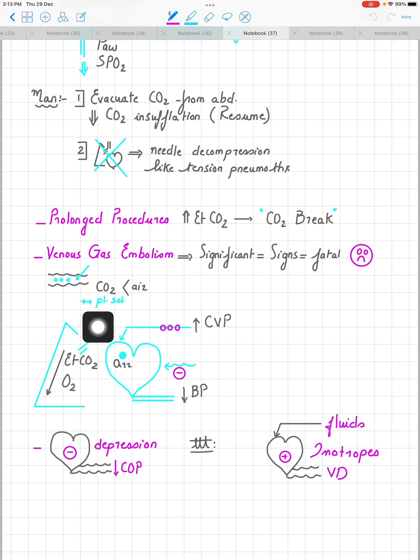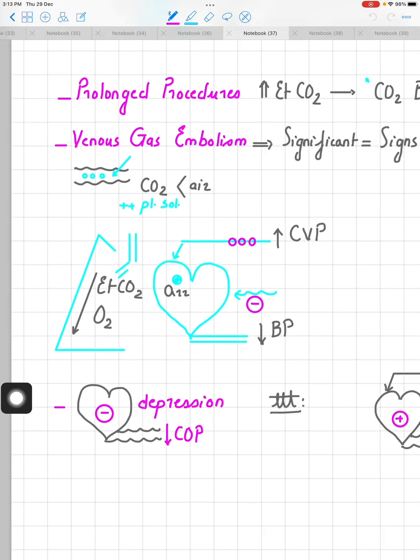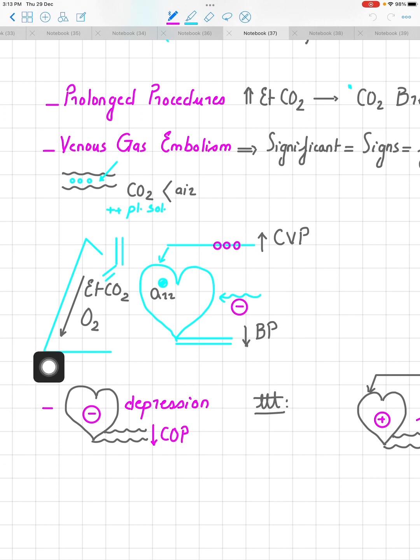However, a significant embolism may be fatal. Signs of a significant venous gas embolism include reduced end-tidal CO2, desaturation, arrhythmia, myocardial ischemia, hypotension, and elevated CVP.